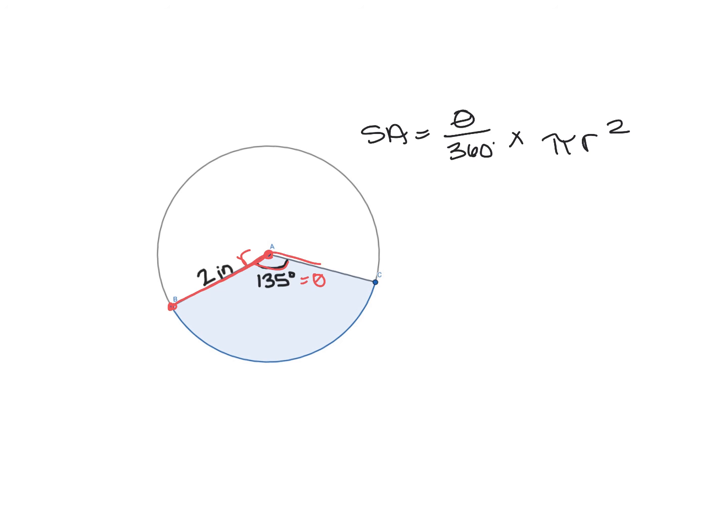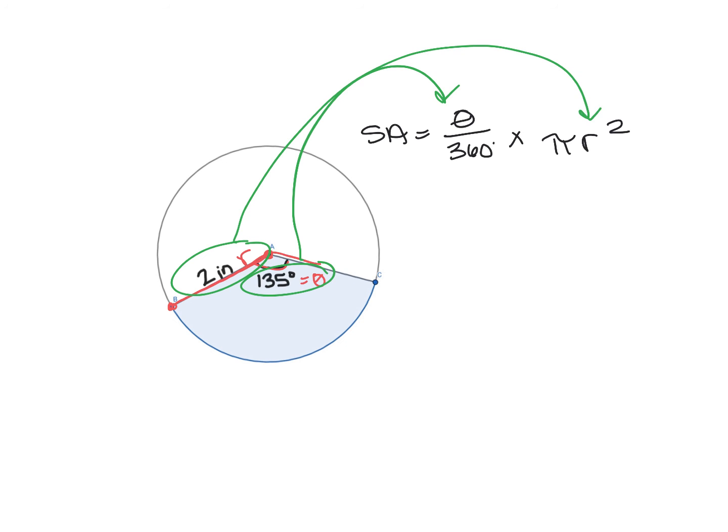Let's input the values we know. Theta being 135, we'll replace this. The radius being 2 inches, we'll replace this. So we can rewrite it as 135 degrees divided by 360 degrees times pi times the radius 2 squared.